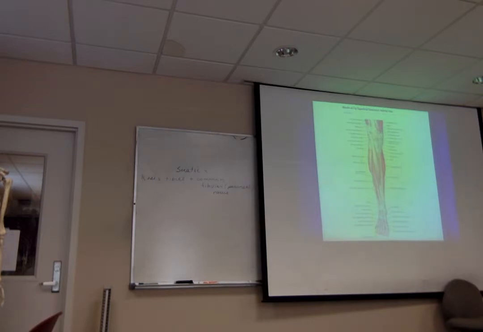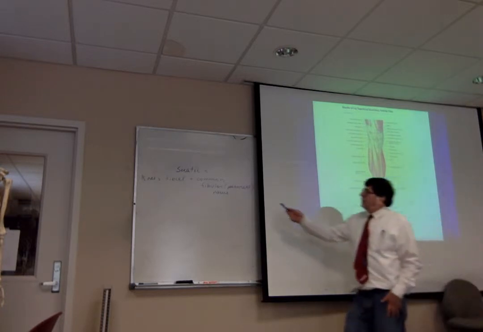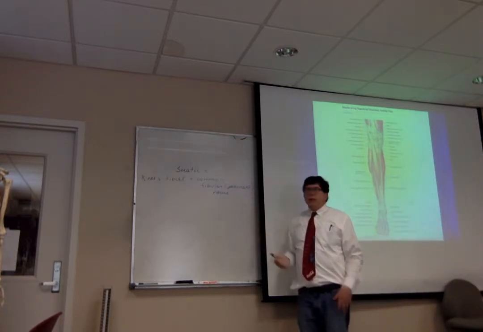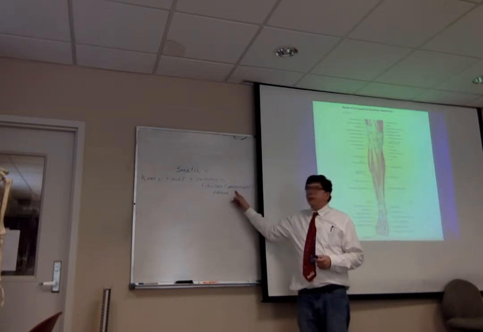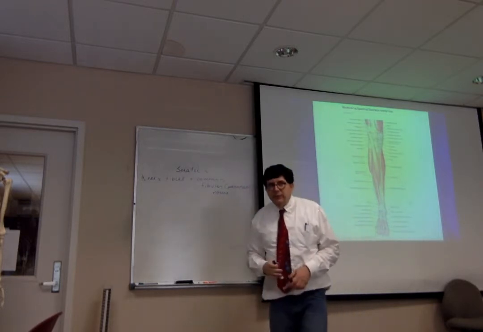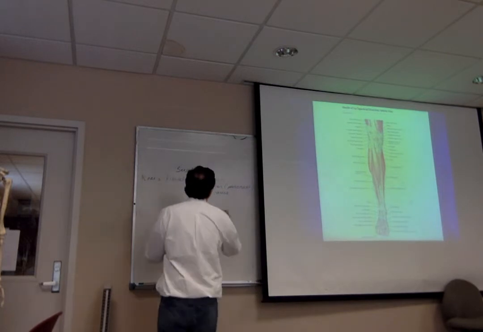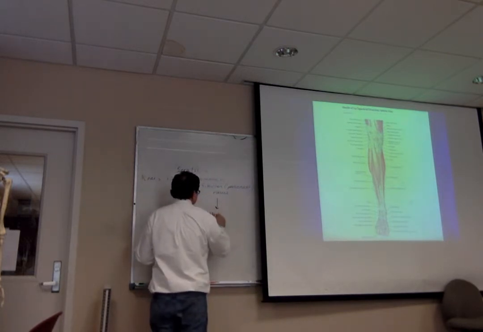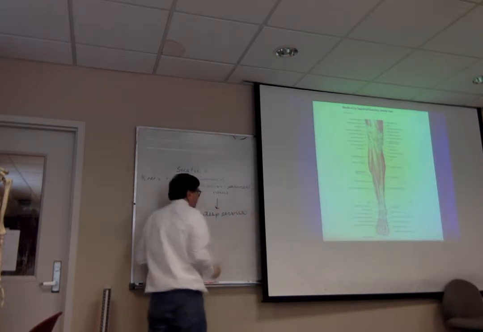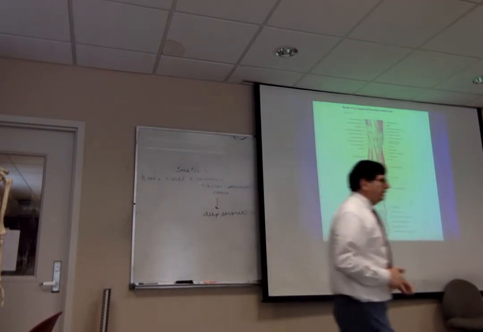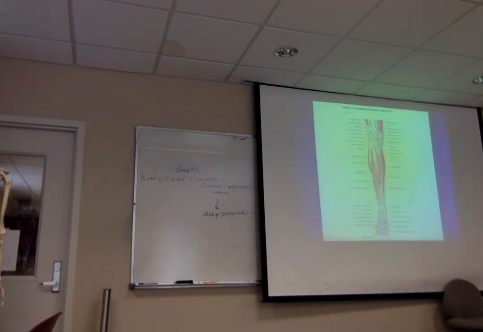The tibial component is going to innervate the muscles in the back of the leg. But the common peroneal is going to branch, and the deep peroneal branch off of the common peroneal innervates the tibialis anterior.